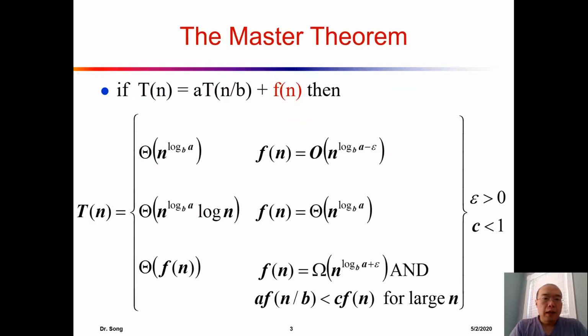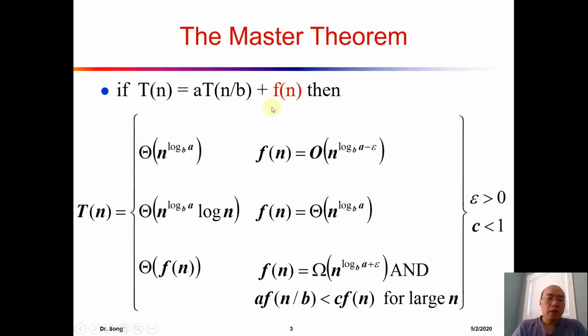So T(n) equals a T(n/b). We divide the problem into smaller parts, solve each of them, and combine them together. Dividing n into smaller problems or combining their solutions into one bigger solution could have an extra cost, and that is f(n).